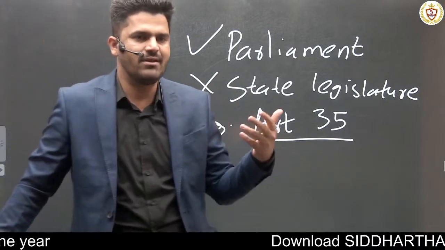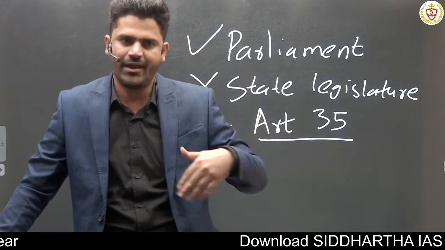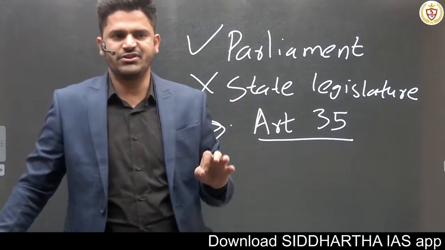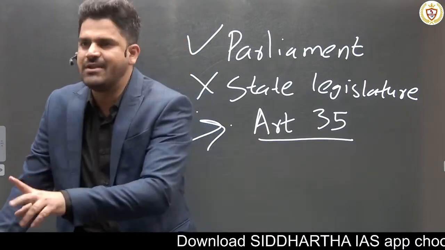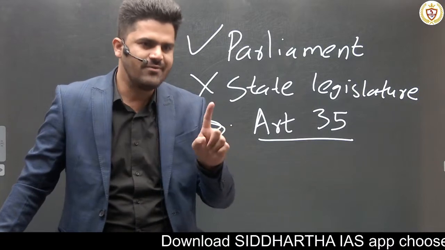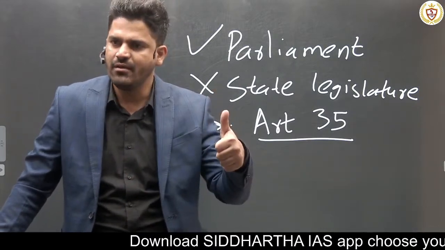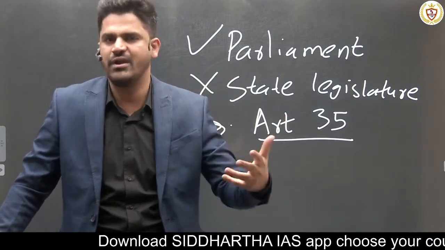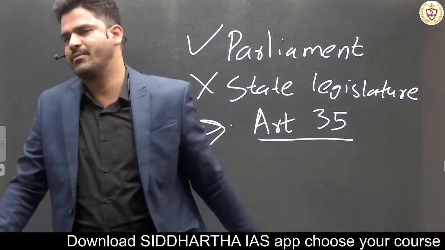Some fundamental rights are available only to citizens: Article 15, 16, 19, 29, 30. And others are available to both citizens and non-citizens. And the third way of classification is into self-executory and non-self-executory fundamental rights. Non-self-executory fundamental rights are those under Article 17, Article 21A, Article 23 and Article 24, and all other fundamental rights are examples of self-executory fundamental rights.